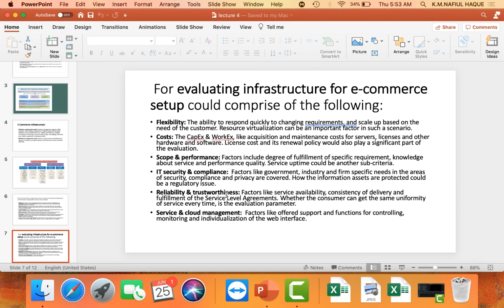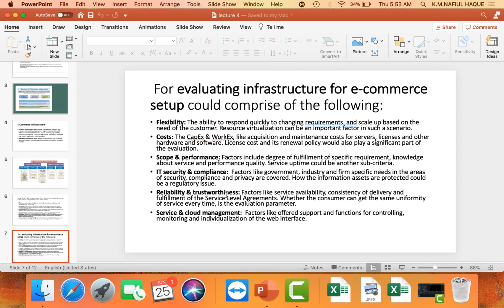What does flexibility mean? It is how flexible and how scalable your system is. For instance, currently you can serve only Mohakali area people, but how quickly can you expand your business, probably enter Dhaka city or Dhaka division, and so on and so forth.